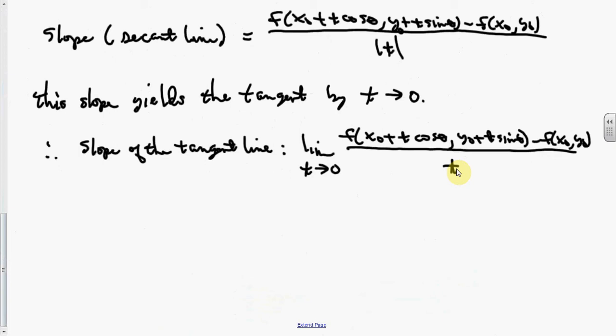Now, it is only in that you understand now that this limit is a formula for the directional derivative.